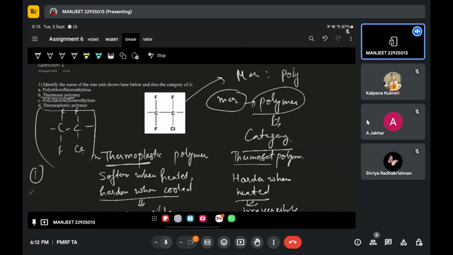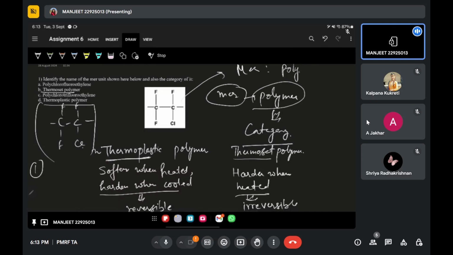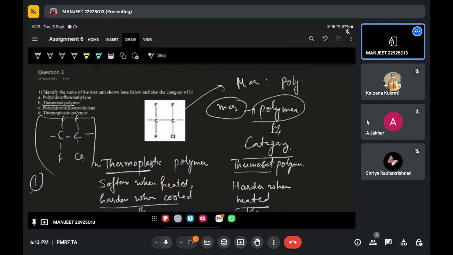The naming of this polymer follows IUPAC criteria, as with the naming of any chemical. So this will be polychlorotrifluoroethylene.